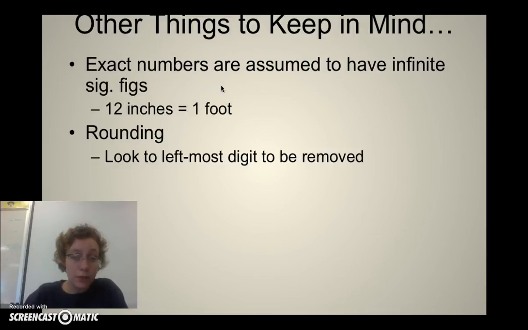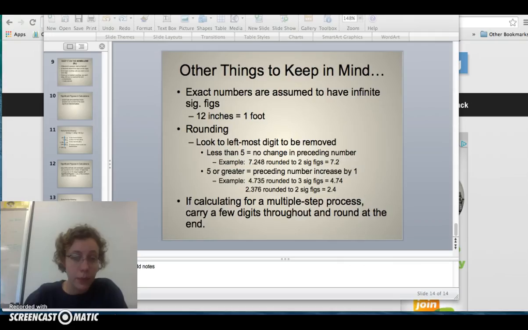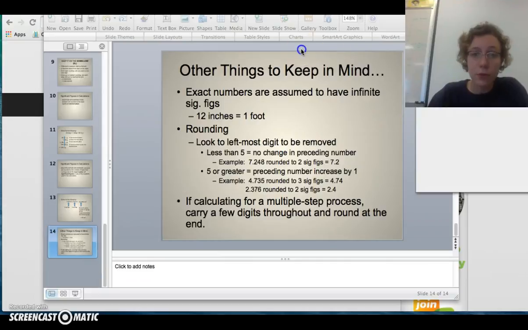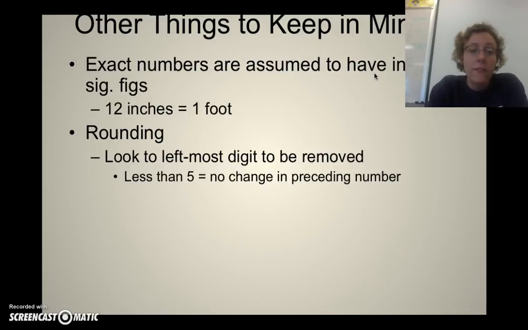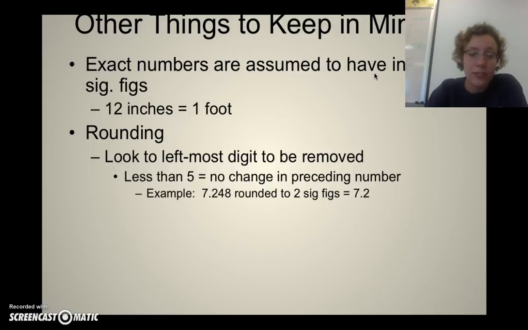The rounding rules: look at the leftmost digit to be removed. If it's less than 5, there's no change. It's pretty standard rounding rules. So for example, if we've got 7.248, we want to round this to 2 significant figures.